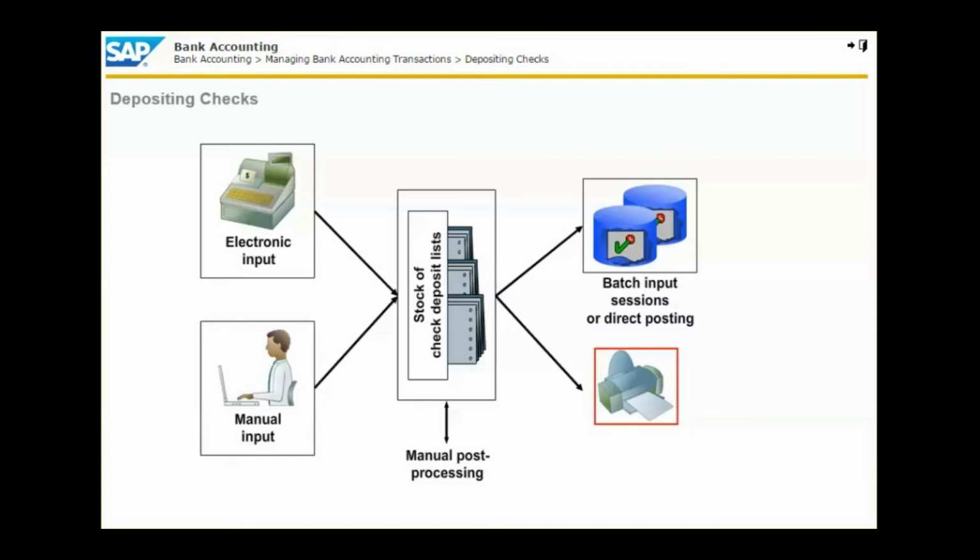The check deposit lists can be printed out and sent to the bank along with the checks. Create check-related postings. Batch input sessions are created from the check deposit lists and have to be processed in order to create the related postings. Post directly. Posting can be completed directly without a batch input session using a special post-processing transaction.